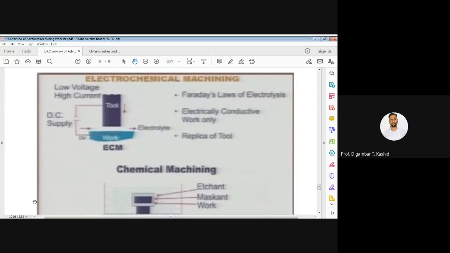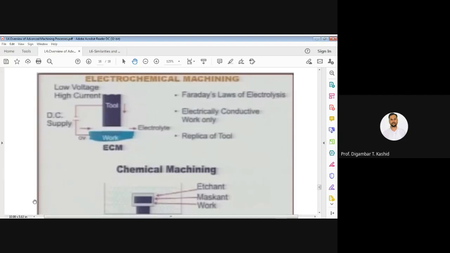Rather than the mechanical property of the workpiece, we have to concentrate on the chemical or metallurgical property, because depending on these properties, the performance of this process is going to be affected.